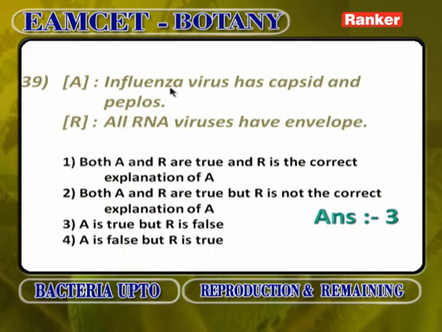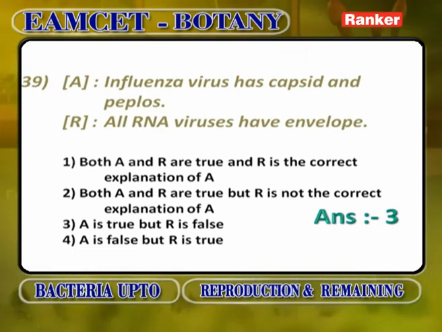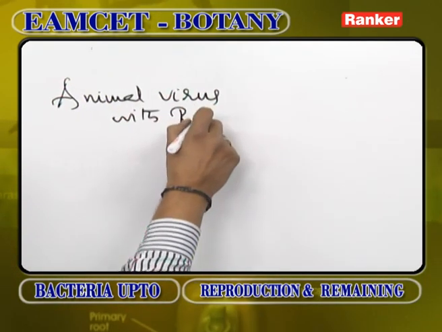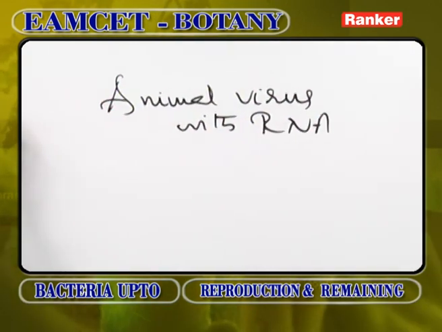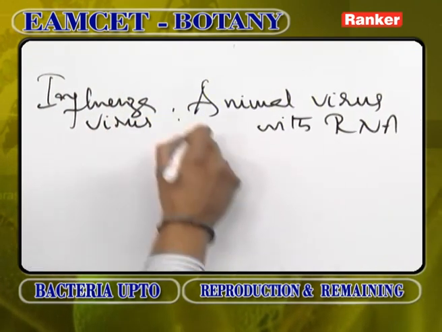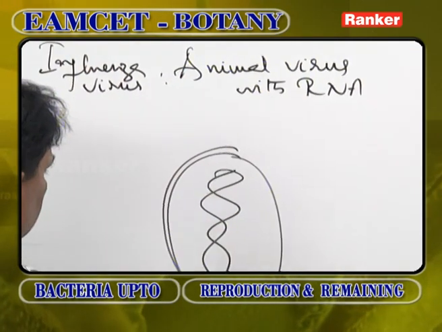Influenza virus has capsid and peplos. Just now I explained, influenza virus is an animal virus with RNA. It has genetic material RNA at the center surrounded by a protein coat.